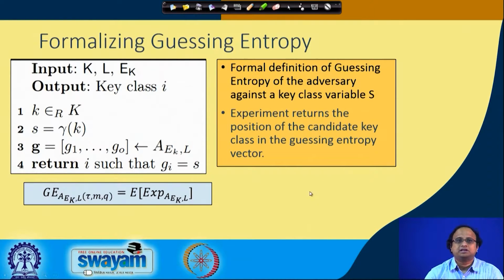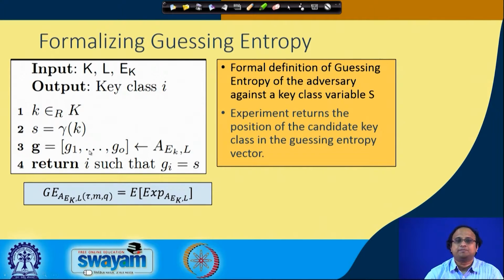If you want to measure that, then we slightly modify this experiment. Suppose again your input is K, L and Ek, and the output now is a key class denoted as I. Again I take the correct key, map it by the gamma function to S, and obtain the guessing vector G1 to GO. But now I do not just say whether the attack is successful or not; rather I return the position in this guessing vector.